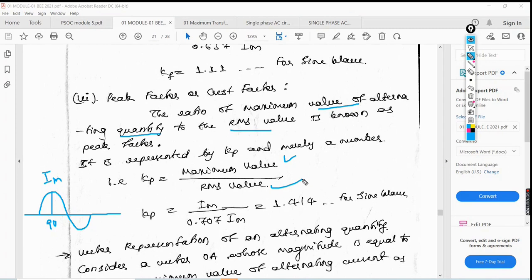Im divided by 0.707 into Im. Im will get cancelled. What is this? 1 divided by 0.707. It is 1.414 for the sinusoidal waveform. That you have to remember, not for any other waveform.